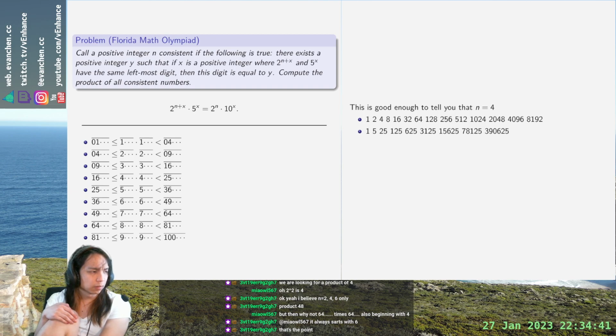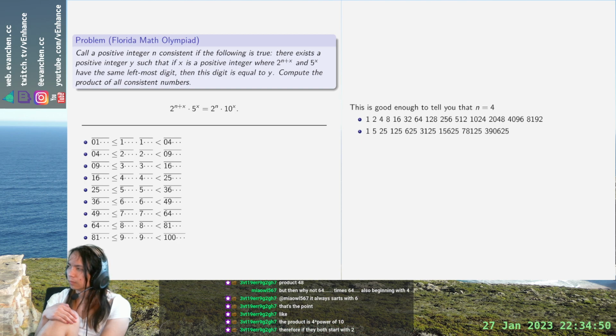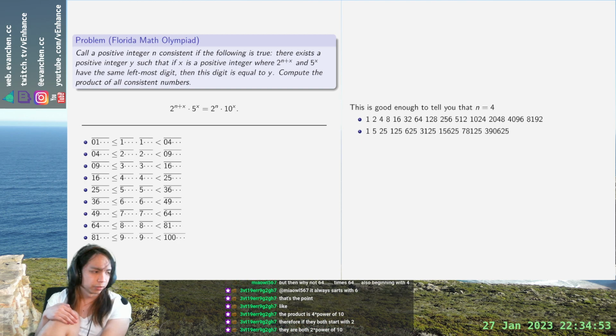Start with 2 requires both 2, 2, 2. Like, can they not start with 2?